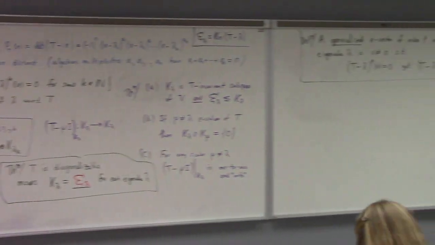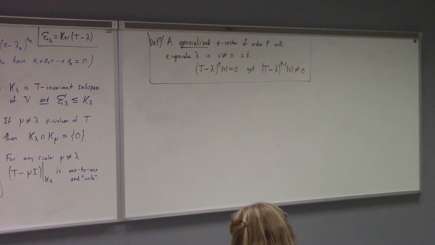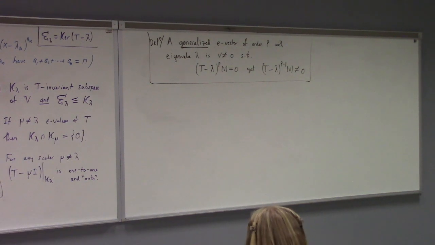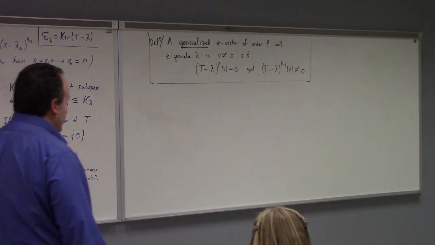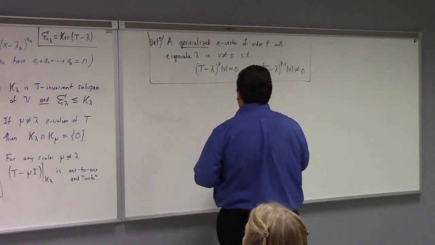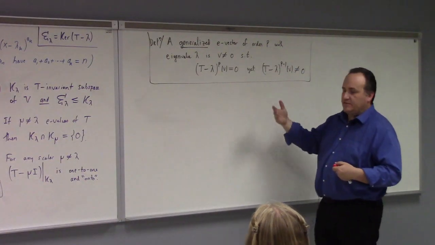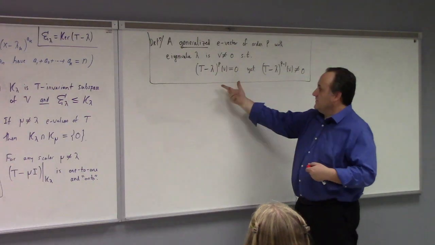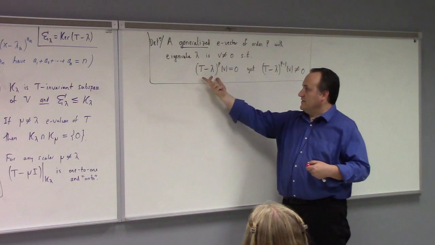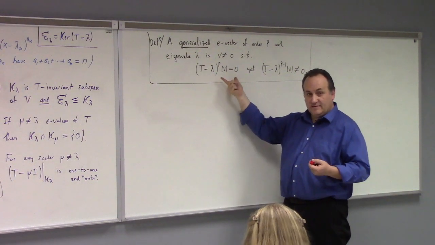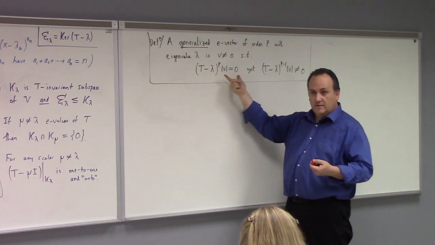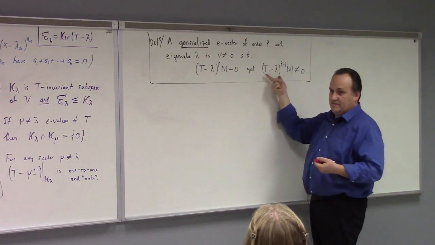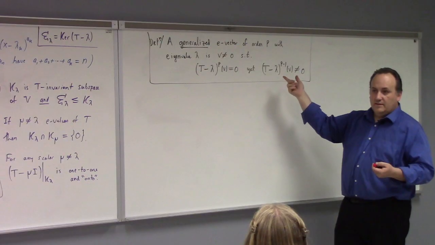So, what is a generalized eigenvector? Well, a generalized eigenvector of order p with eigenvalue lambda, with respect to a linear transformation T, is a non-zero vector such that when you hit it with the pth power of T minus lambda, it sends it to 0, yet the (p minus 1)th power is not 0, right?